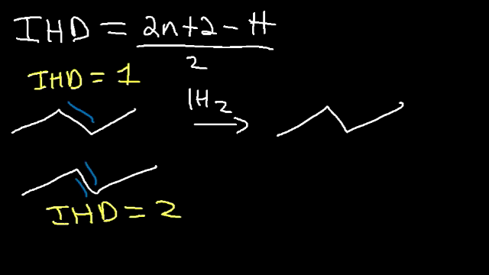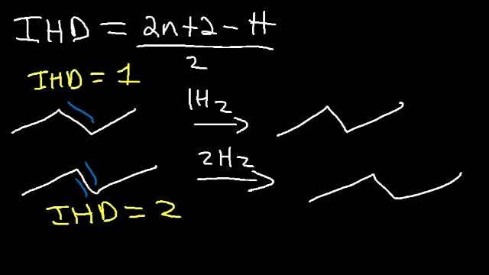And so we can react the triple bond with 2 hydrogen gas molecules. So instead of adding 2 hydrogen atoms, we can add 4. So for every IHD value of 1, you can add 2 hydrogens to the substance.